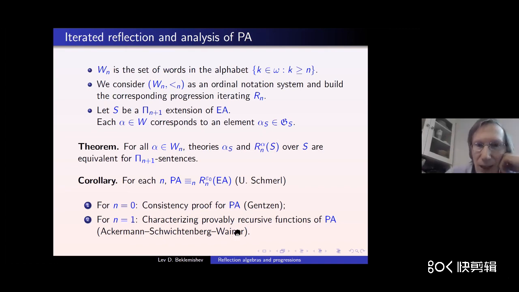However, indeed, for every n bigger than 1, there is also the corresponding conservativity. For example, you can say that Pi 3 consequences of PA will be the same as iterated Pi 3 reflection epsilon naught times over EA.